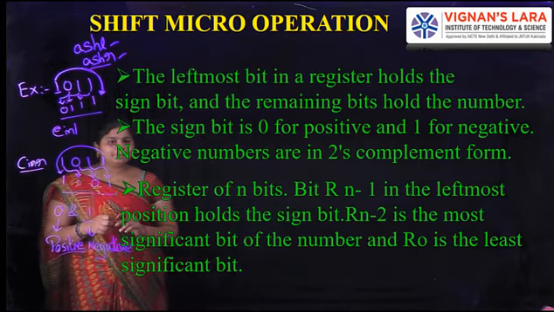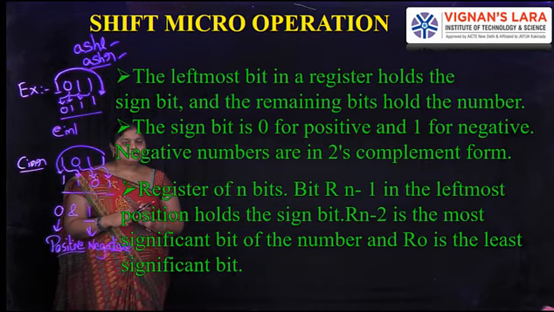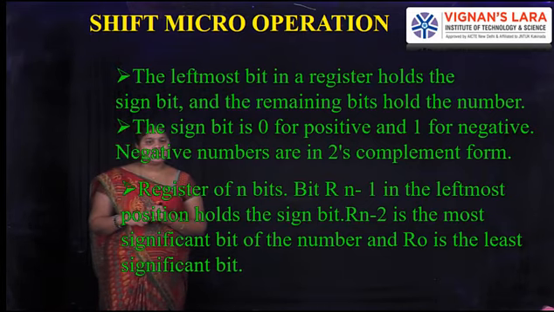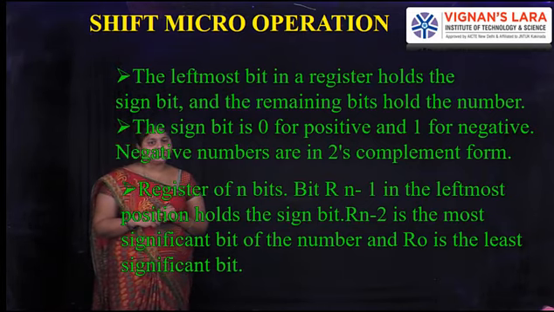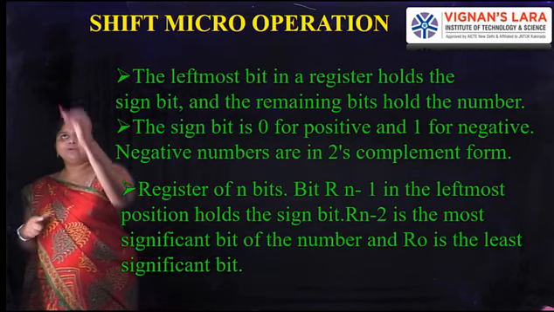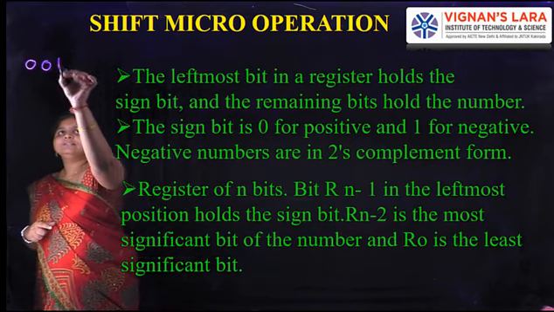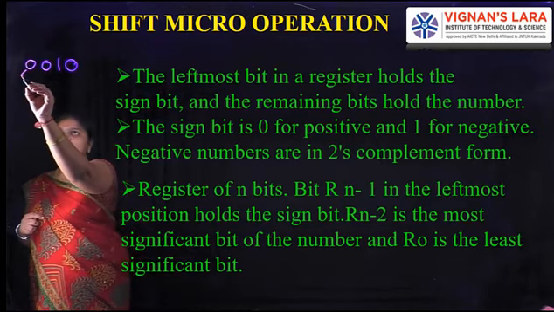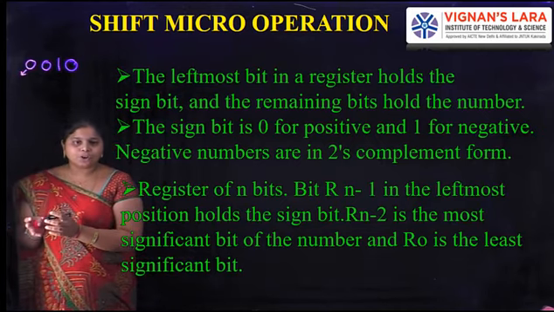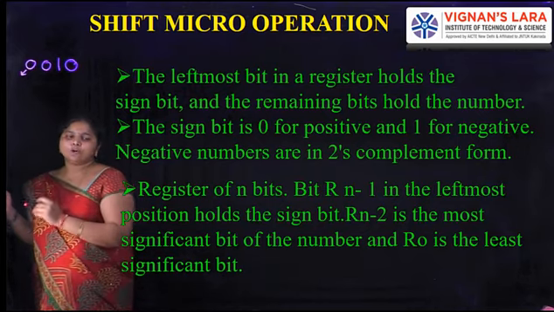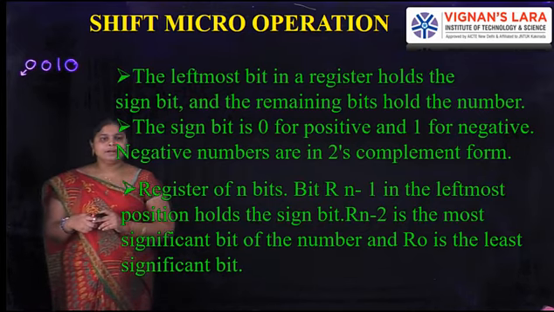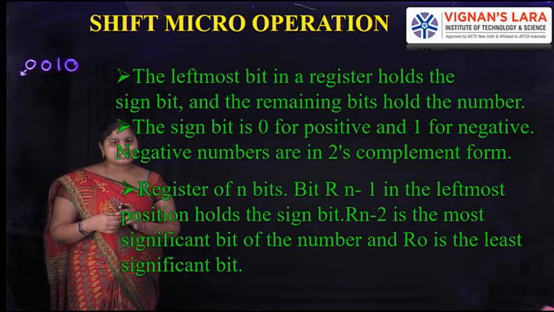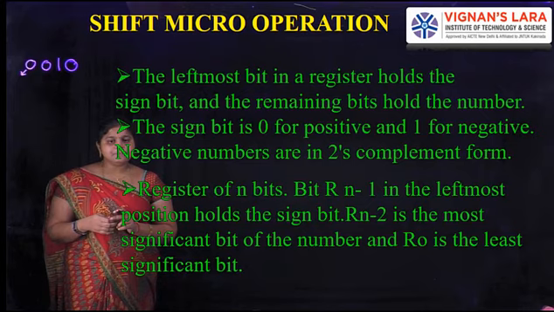In the arithmetic shift, the leftmost bit of the register holds the sign bit. For example, take 0010, which in decimal is 2. The sign bit represents whether the number is positive or negative: 0 means a positive number and 1 means a negative number.